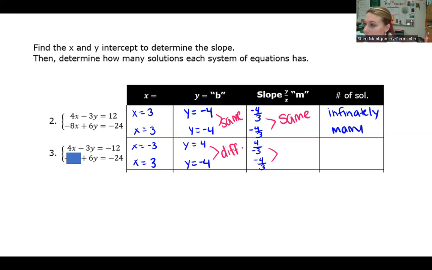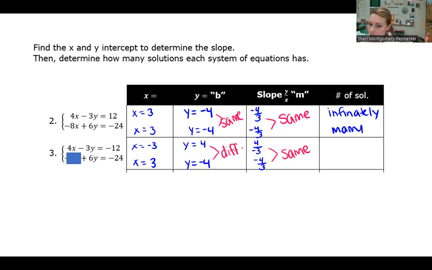Whether you have a negative on the top or the bottom, if there's one negative, it's still going to be the same thing. So the negative can be on the top or it can be on the bottom. They end up being exactly the same because when we go to do slope, the negative always goes to the top. So these are actually the same.